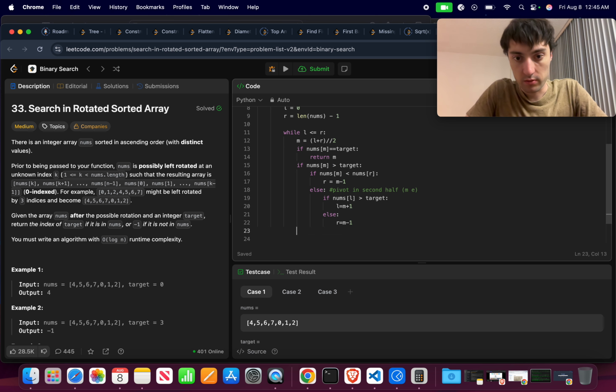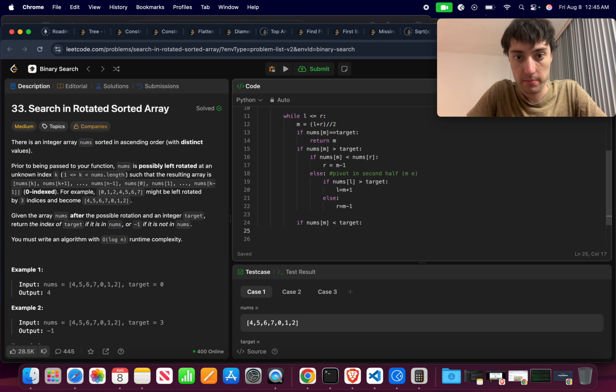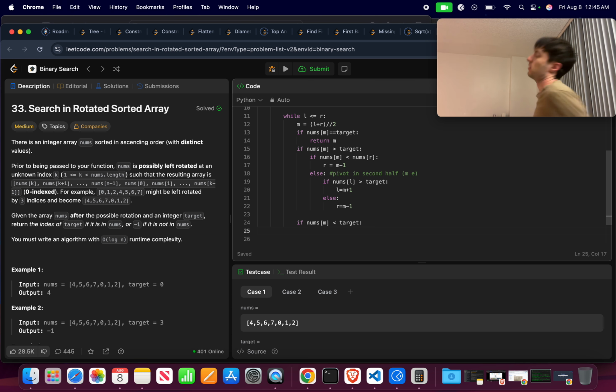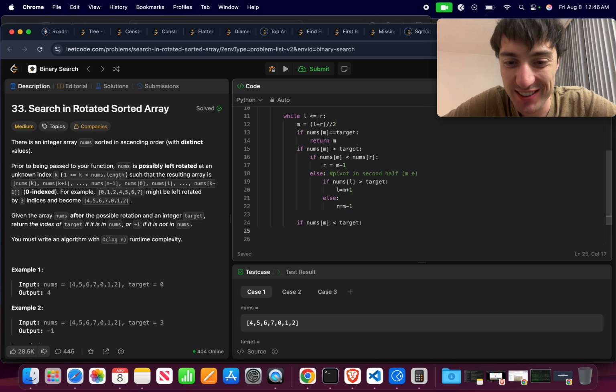We now need to think of the opposite case. If nums of m is less than target, okay? All right. So if this is the case, what do we want to do?